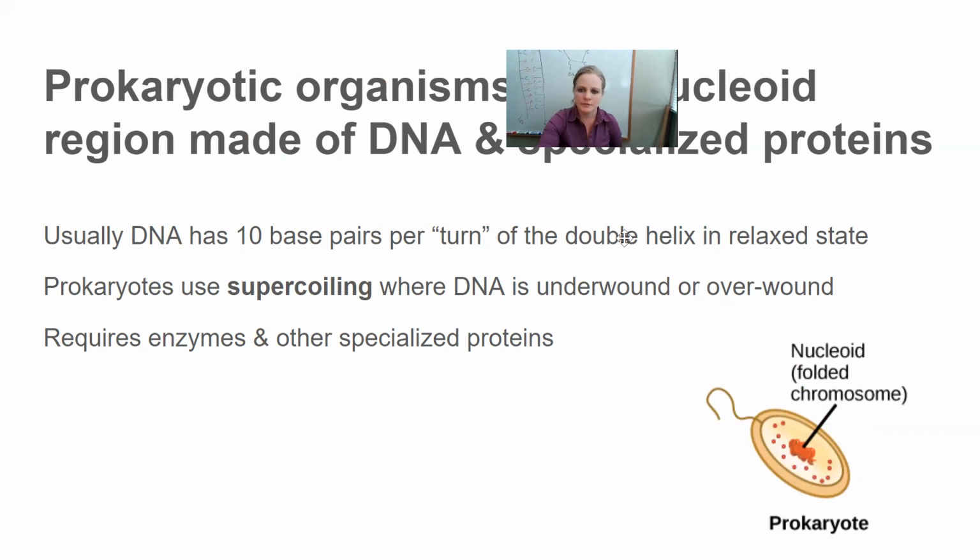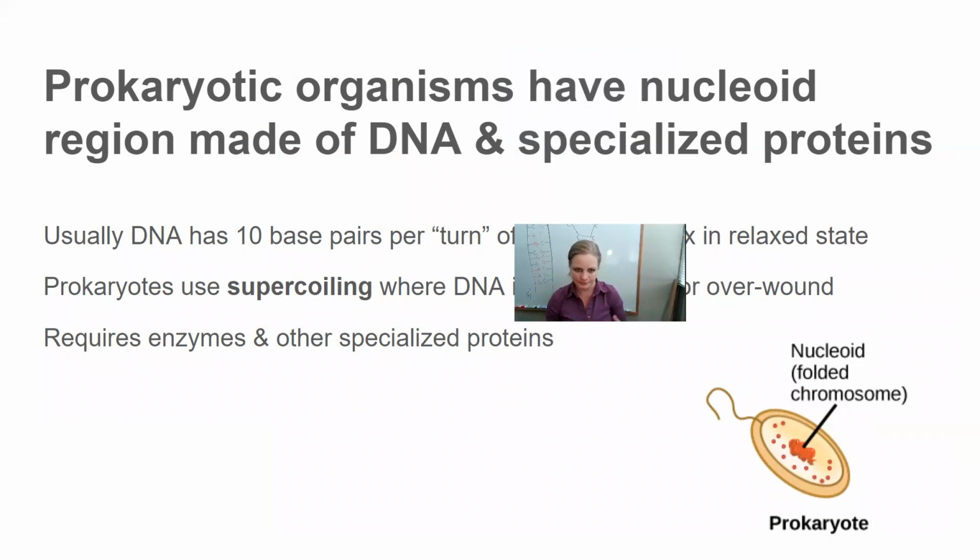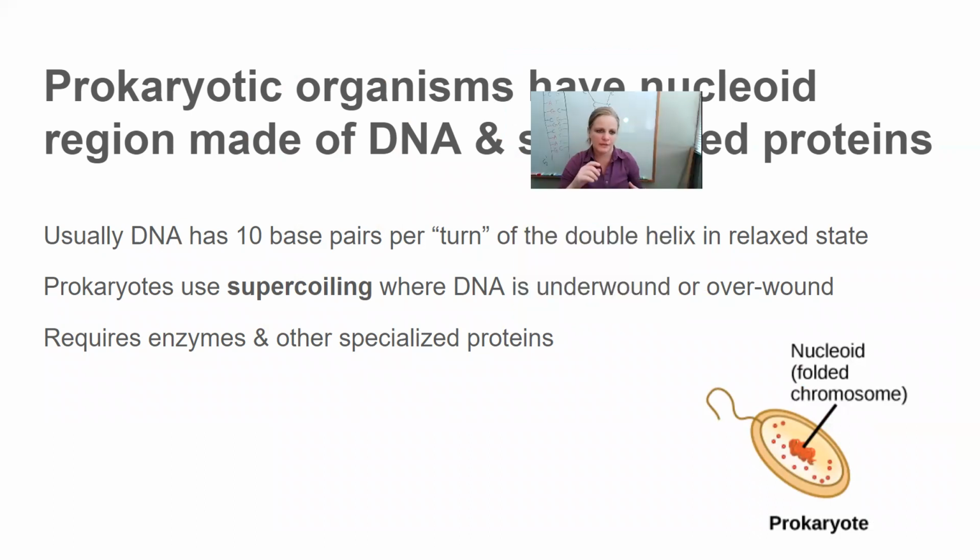Prokaryote organisms have a nucleoid region. Typically in our double helix, as we're thinking about how it gives us a turn, there are 10 bases in one of these little twists.